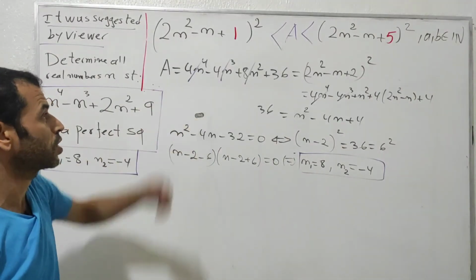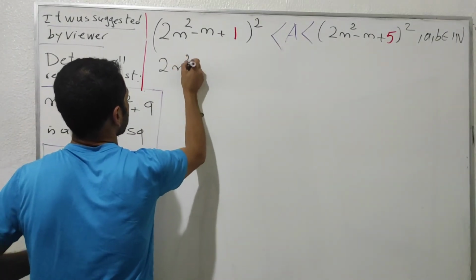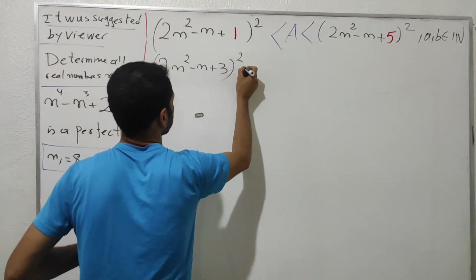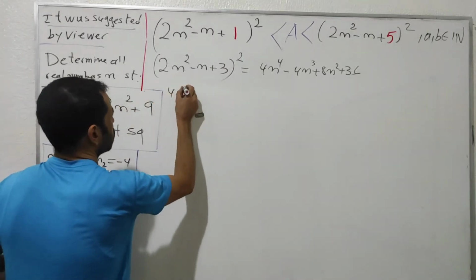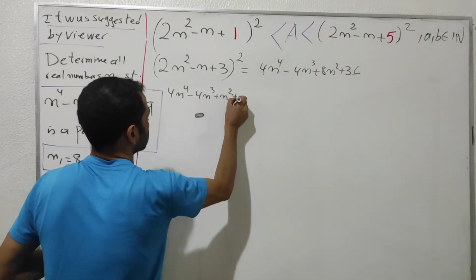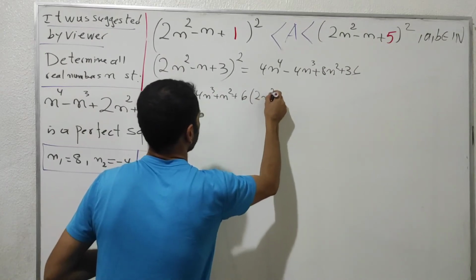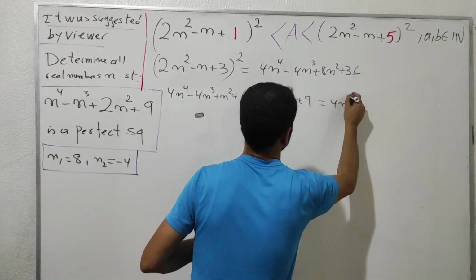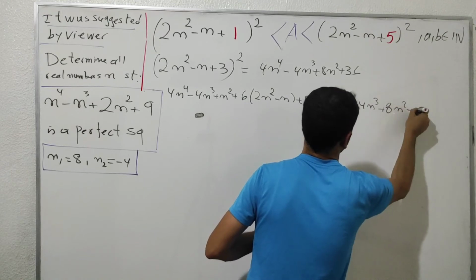Now I'm going to check another possibility. Now the second possibility, I will have 2n square minus n plus number 3 quantity square equals, by doing the same thing here, I get here 4n to the fourth minus 4n cubed plus n square plus this one is multiplied by this one, which is 6 is multiplied by 2n square minus n plus 9 equals 4n to the fourth minus 4n cubed plus 8n square plus 36.